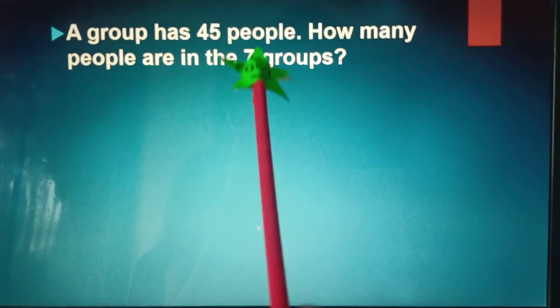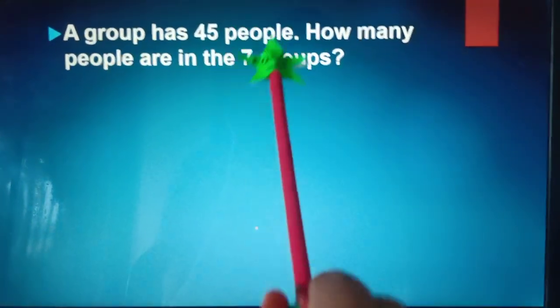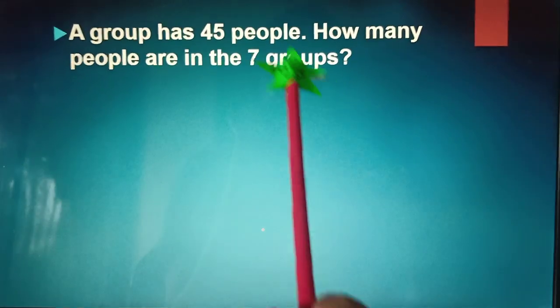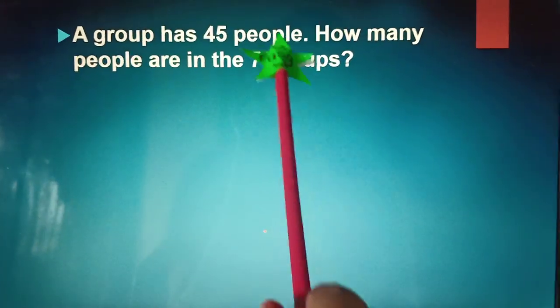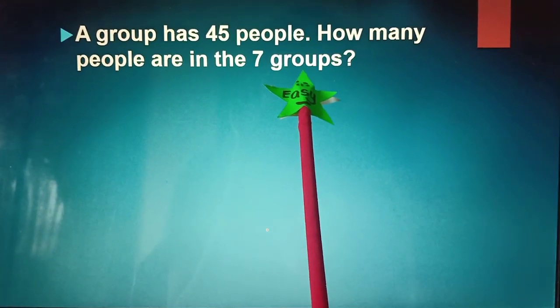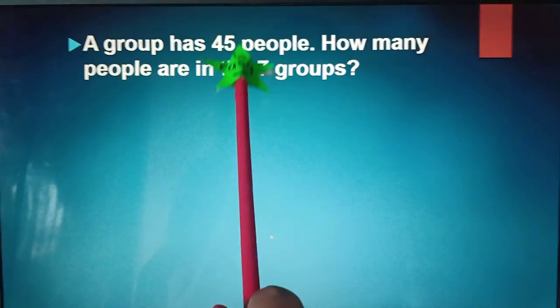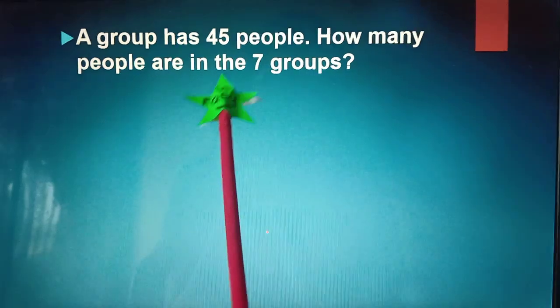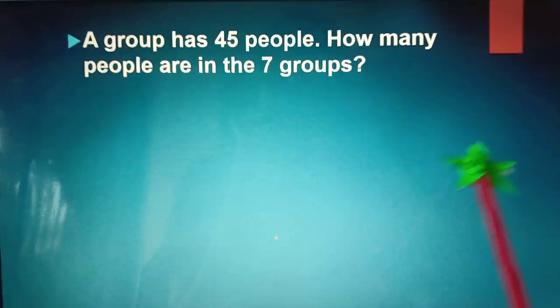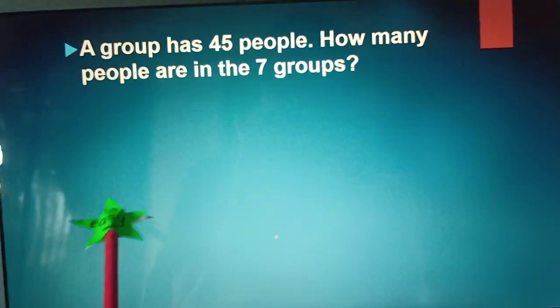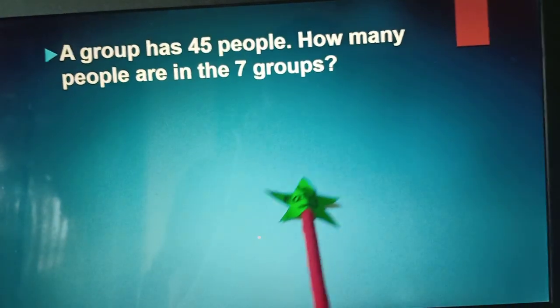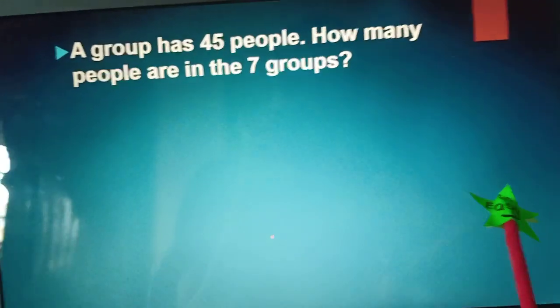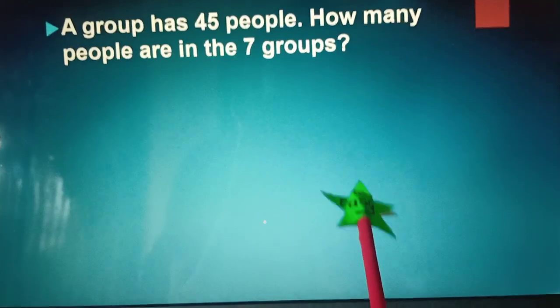Multiplication. 45 people, 7 groups, 2 different objects, items. For sure we cannot plus. So you imagine one group 45, another group 45, 7 groups. We can do 45 plus 45 plus 45, but it is repeated addition.